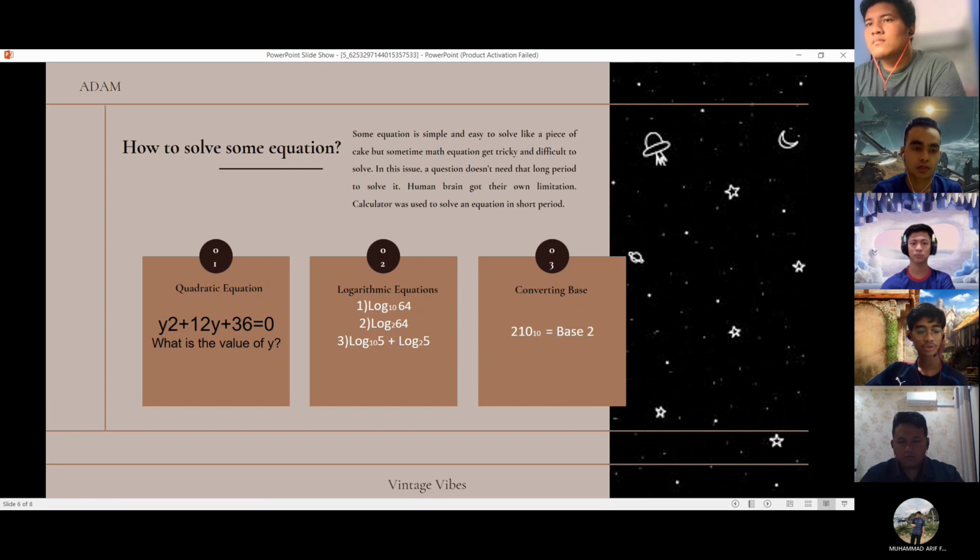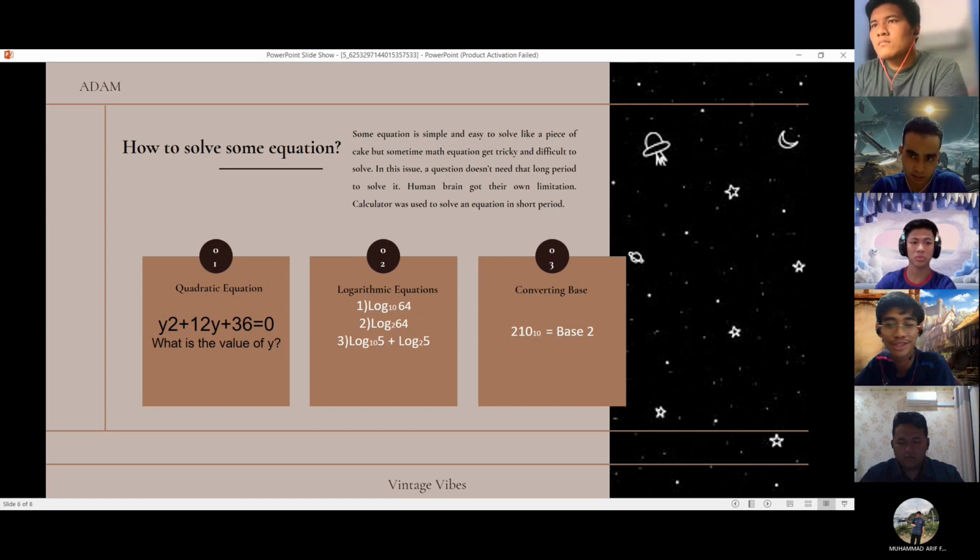Okay, let's make our first question, which is quadratic equation. As given here, we have y power of 2 plus 12y plus 36 equal to 0. So what is the value of y? If we hold our calculator, we can press mode 3 times and we will find EQN and press the EQN.